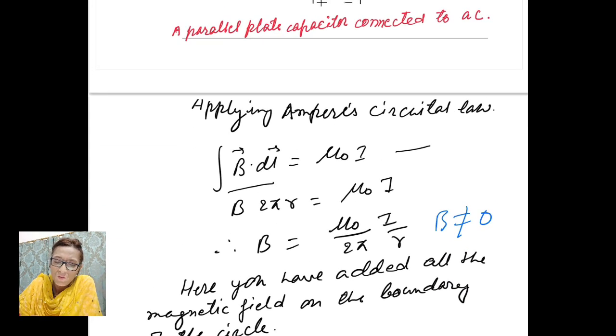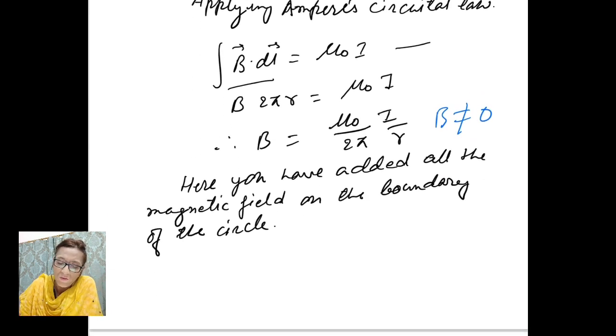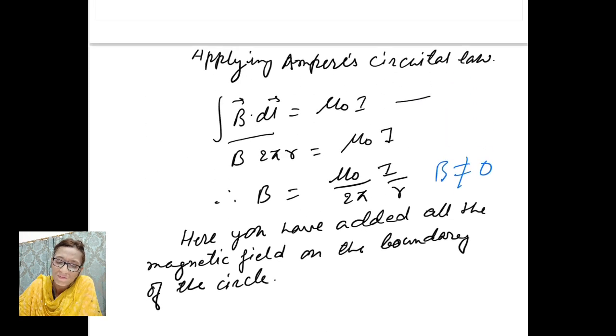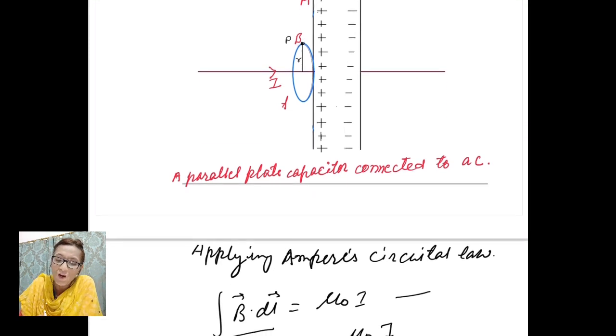So now if you take the same closed circular loop, but the shape of the surface is changed, then what happens? Boundary we are keeping the same, we are not changing the boundary, and Ampere's circuital law is about magnetic field on the boundary.